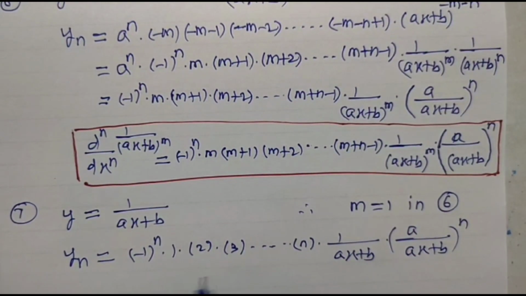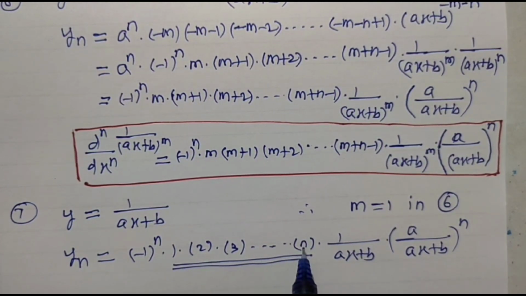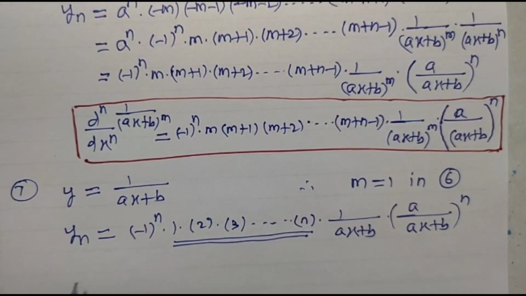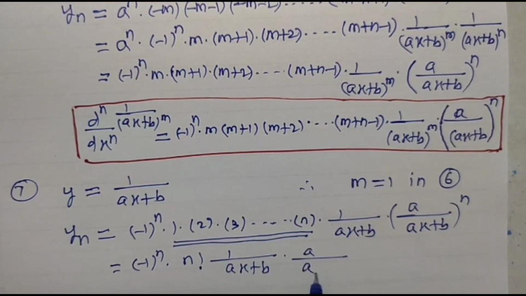Now this product 1 into 2 into 3 up to n is nothing but n factorial. So this can be written as minus 1 to the power n, n factorial, 1 upon (ax plus b) into a upon (ax plus b) to the power n.